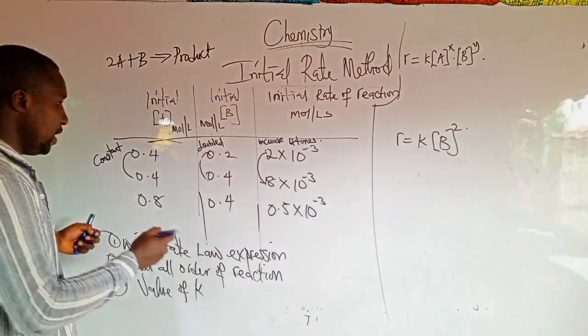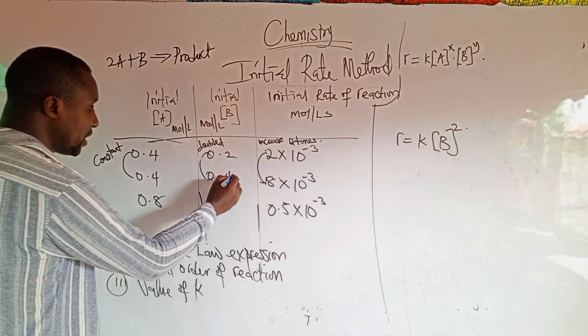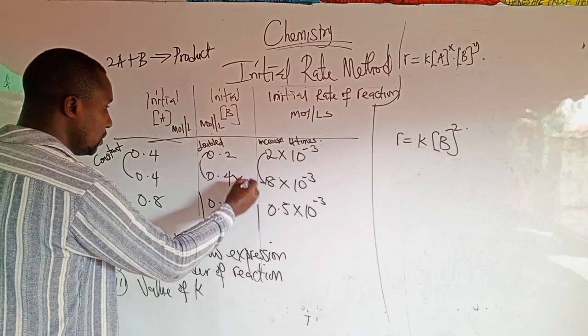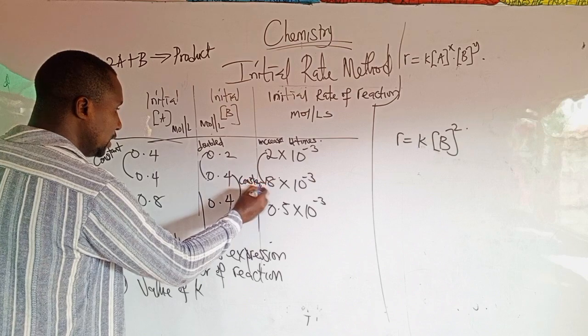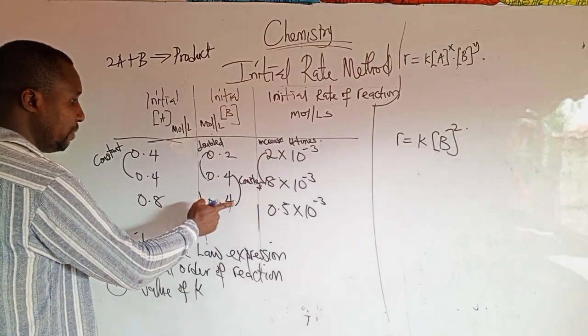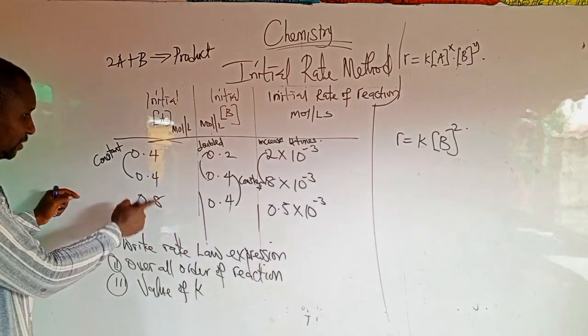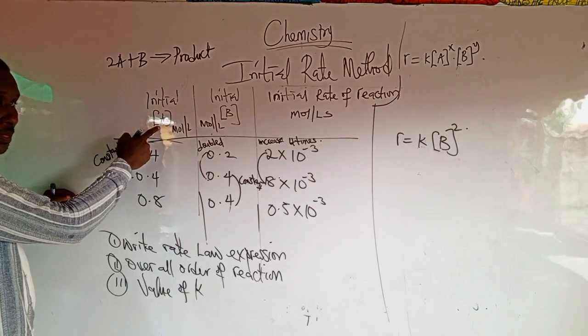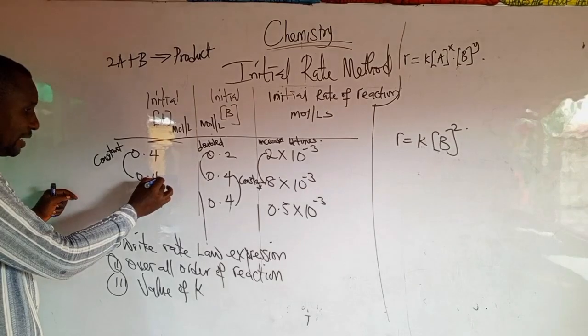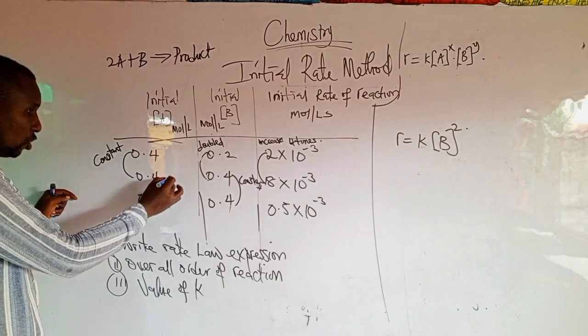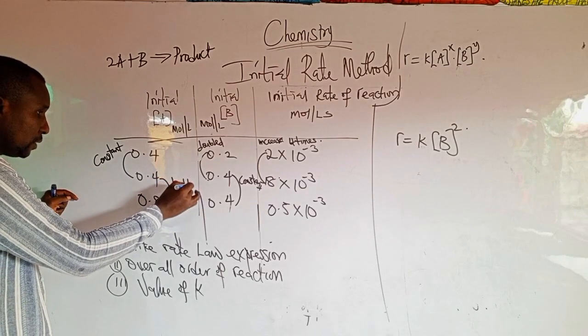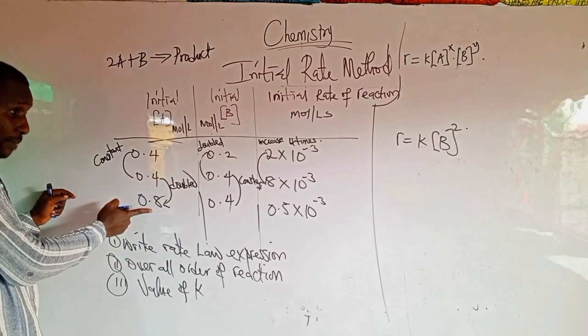Let's see. For A, this one and this one are constant, experiment 4 and experiment 2 constant. Look at this. Under A, experiment 2 and experiment 3, it is doubled. You multiply this one by 2, that is double.